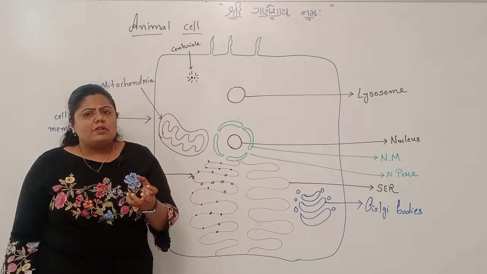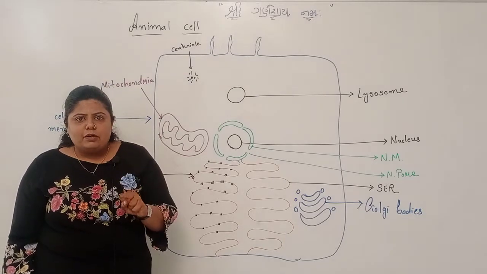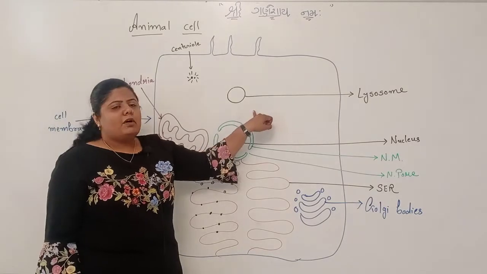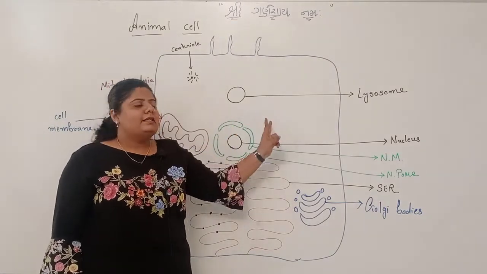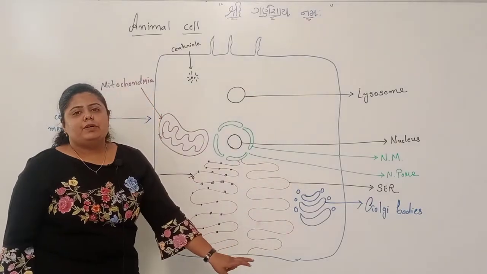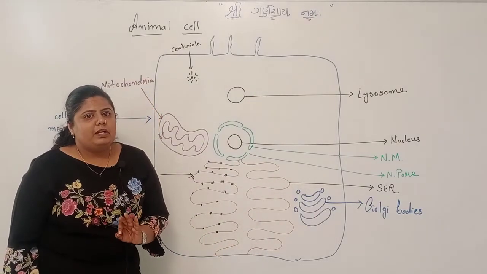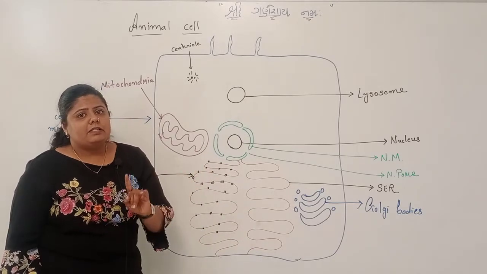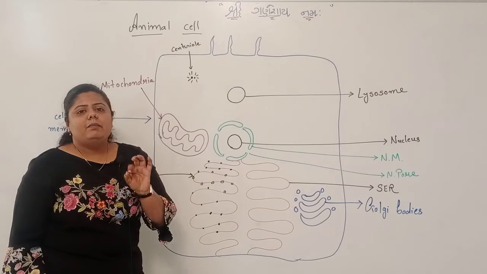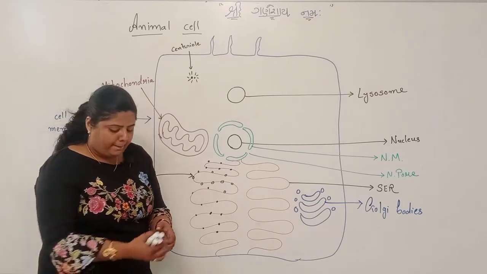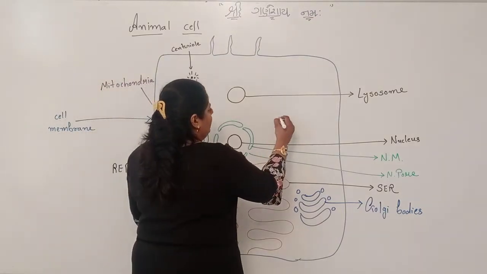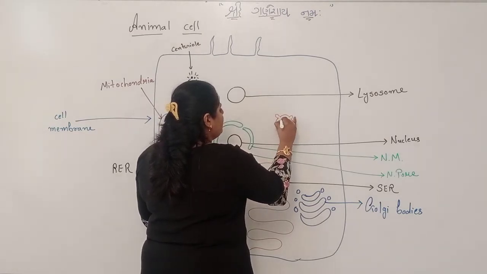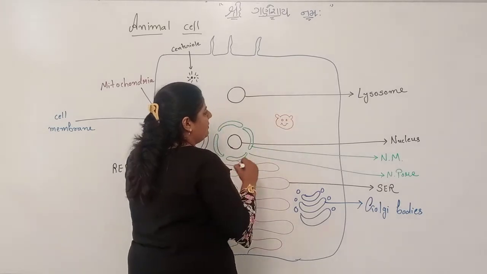But why is it called suicidal bag? Because when there is damage in the cell, the lysosome bursts and releases all enzymes into the cytoplasm. These enzymes will digest all organelles and degrade the cell. That's why it's called the suicidal bag of our cell. Next, ribosome. Tiny ribosomes, but ribosomes also lie freely in the cytoplasm.